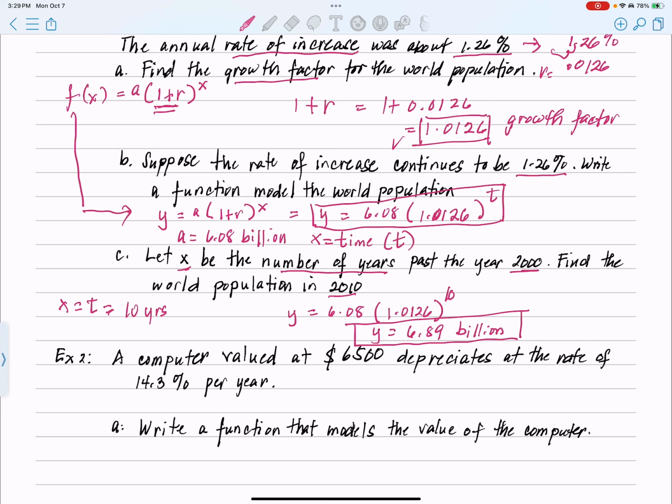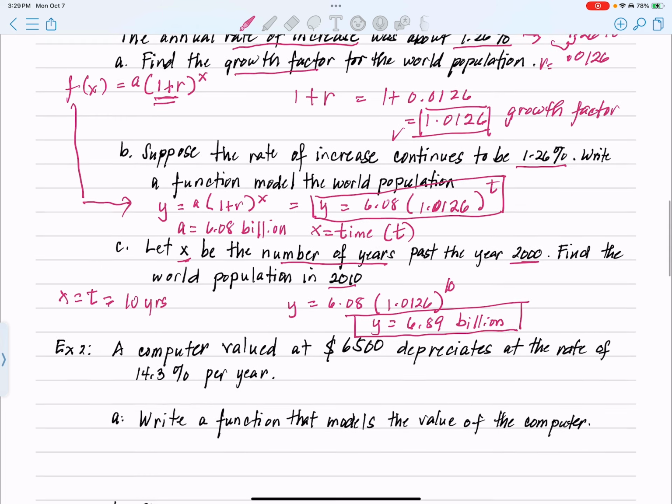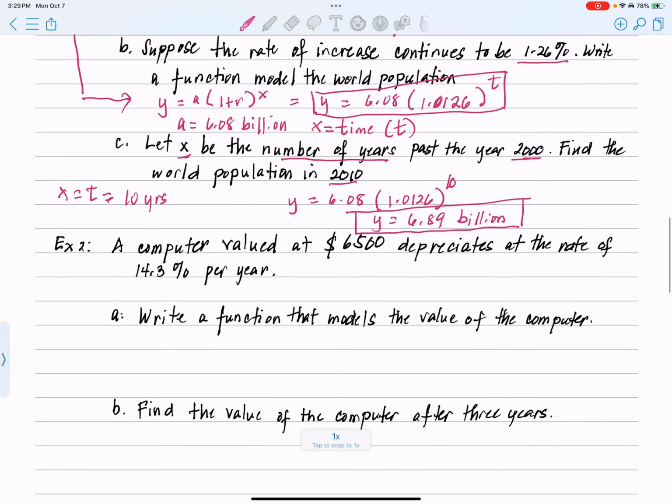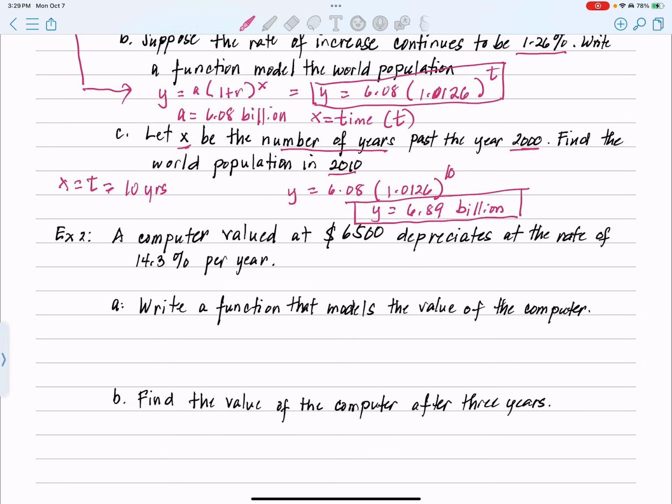Okay, let's do a second problem here. A computer valued at 6,500. That's the value of the computer at first, so I might as well write it here. The initial amount, or the value, is 6,500. That's a. And then what else is given?